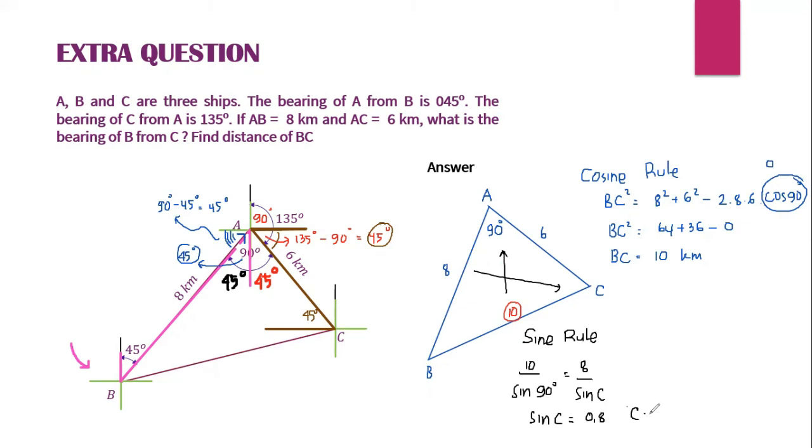So C equals, by using the calculator, we got the answer. C is 53 degrees. Okay, done, right? We got 53 degrees.